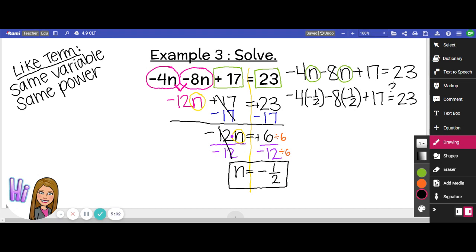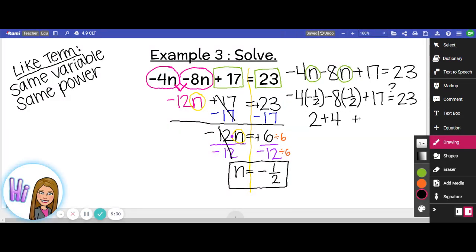So half of 4 would be 2, and a negative times a negative makes a positive, so we get positive 2. And then half of 8 would be 4, and a negative times a negative makes a positive, so this would be plus 4.